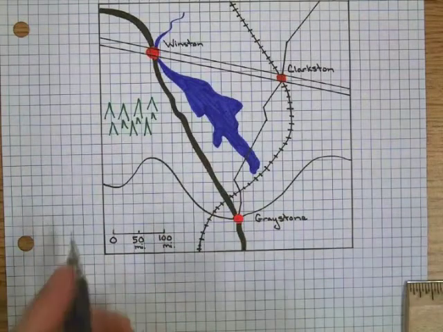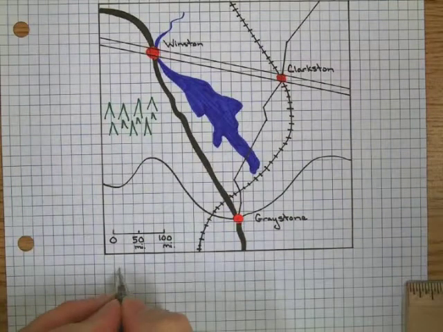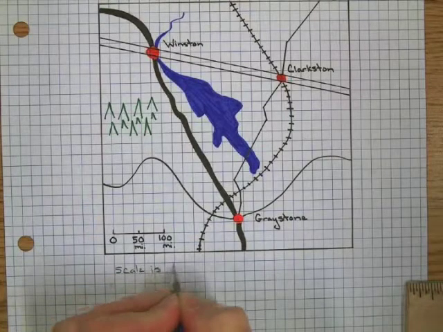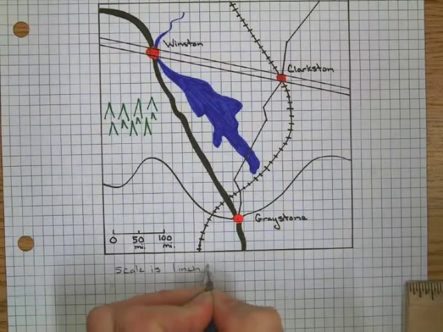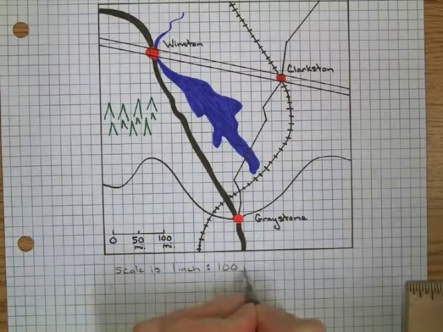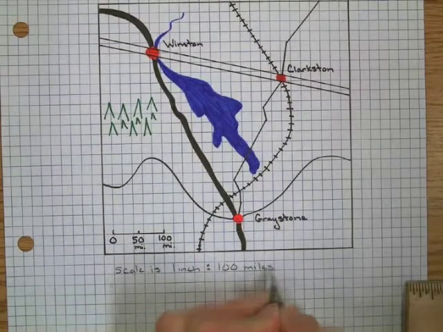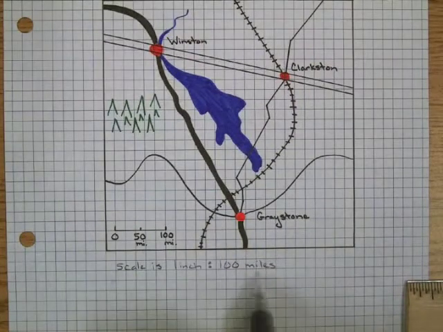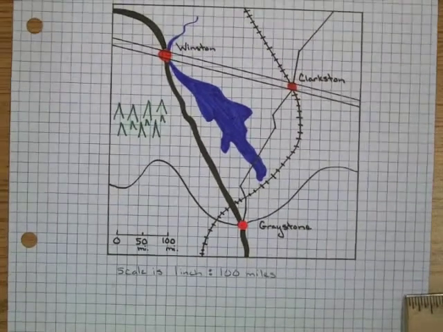What that means is our scale is 1 inch to 100 miles. And I can use this to determine distances within this map of what they would be in real life. So 1 inch on this map would be 100 miles in real life.